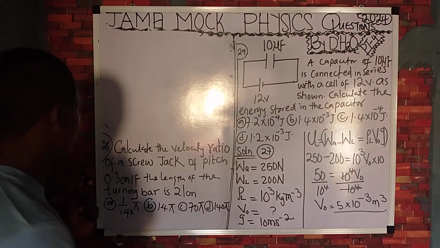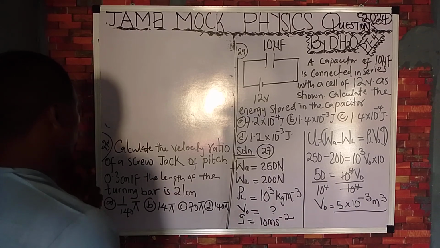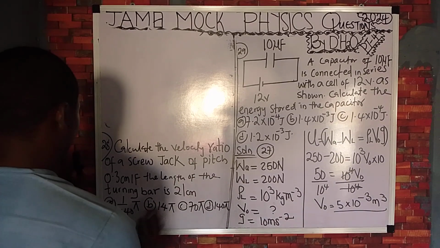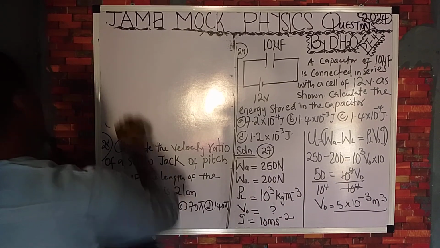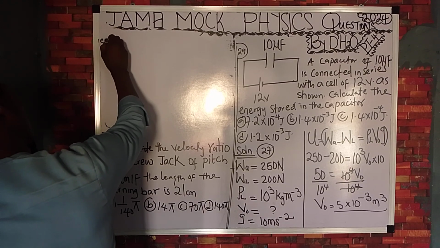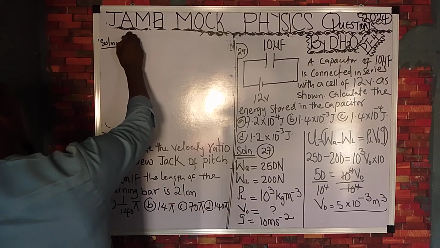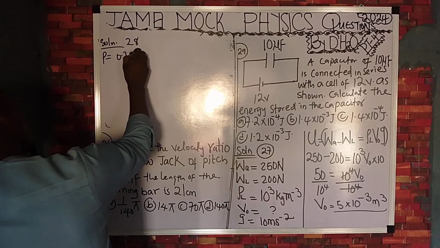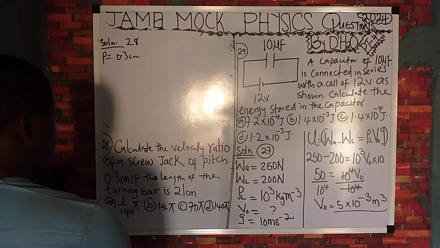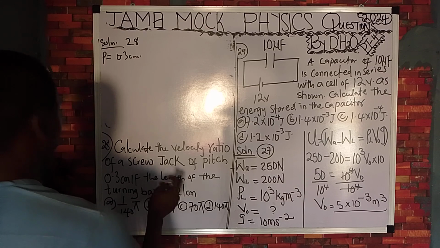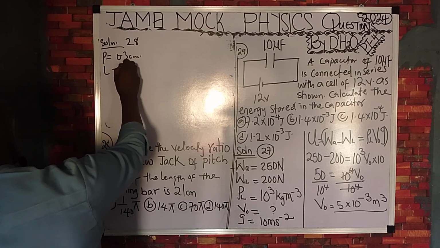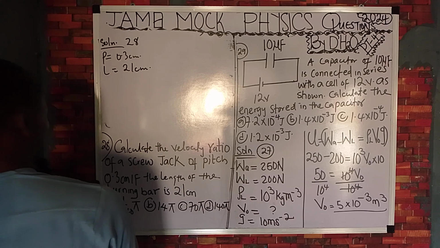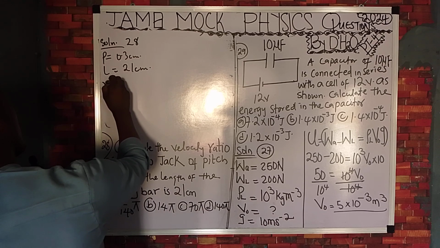28 says that calculate the velocity ratio of a screw jack of pitch. Now, this is the solution to number 28. The pitch is 0.3 centimeter, okay? If the length of the tommy bar is 21 centimeter, what is the velocity ratio?